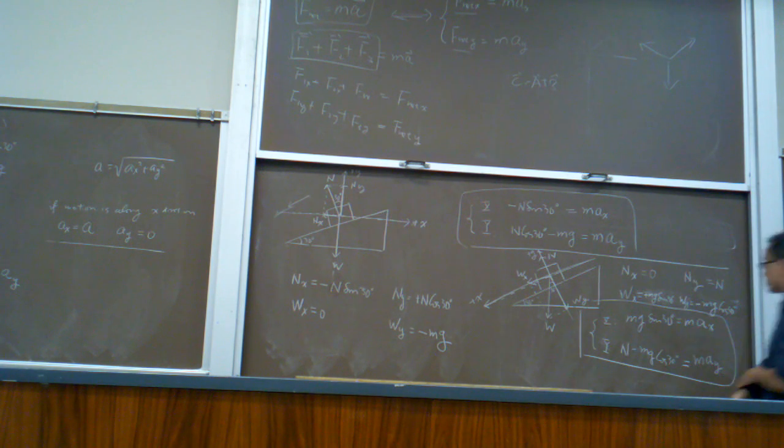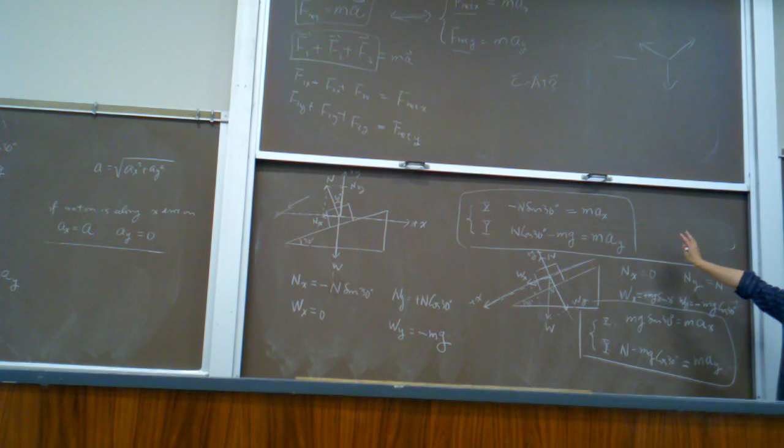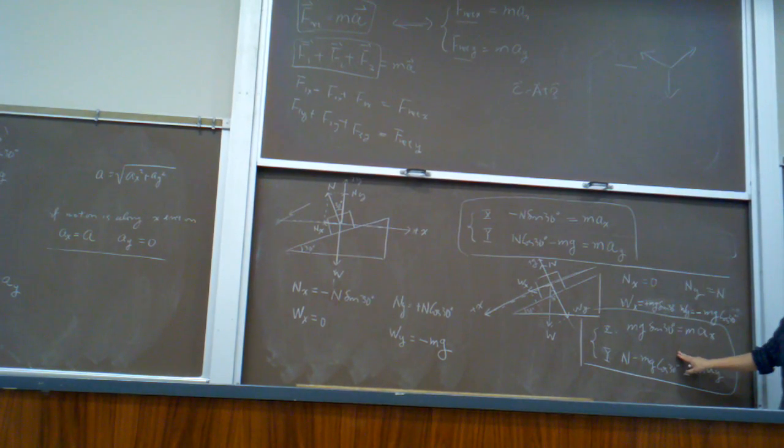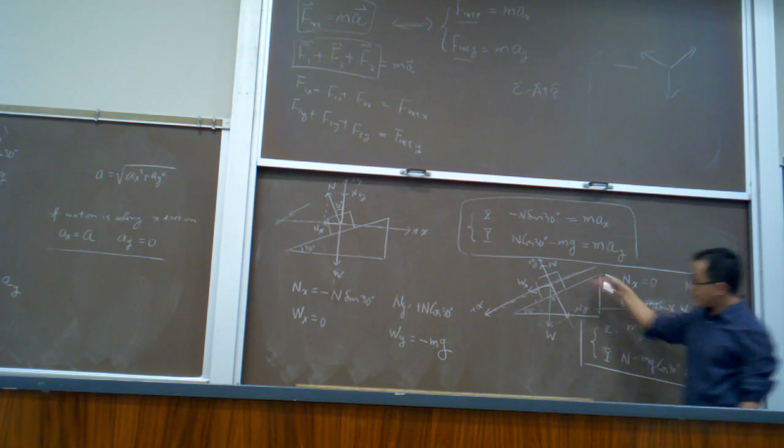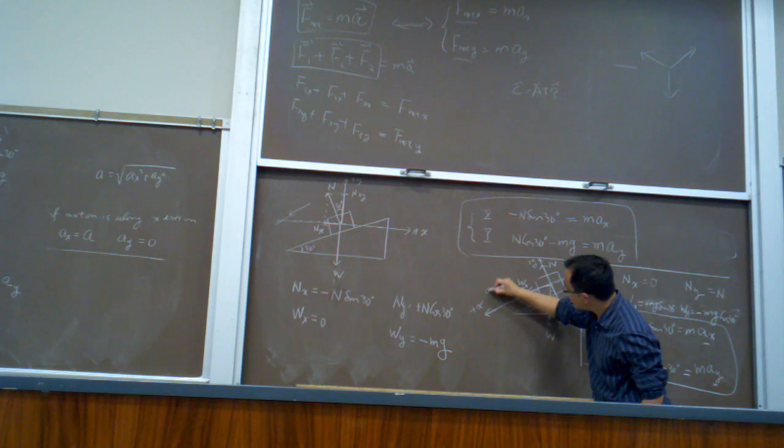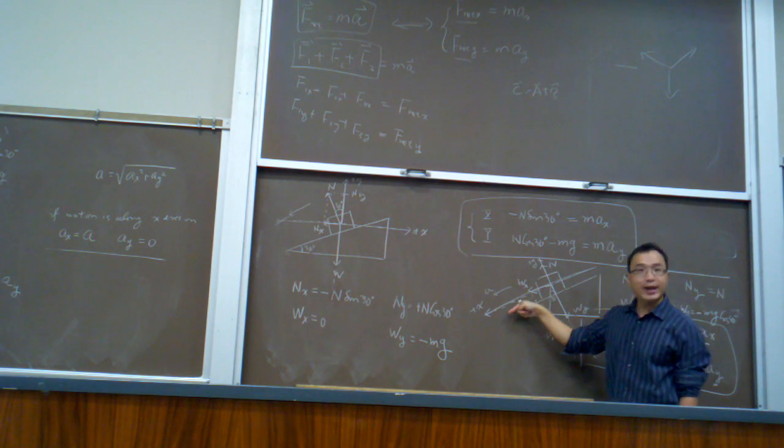So here, you can see, in principle, you can do this and this. Both are correct. But this one is better than that one. The reason is that now if you look at the ax and ay here, can you see this ay equals 0? Yes, in this case it is, because a is along this direction, so it has only an x component.